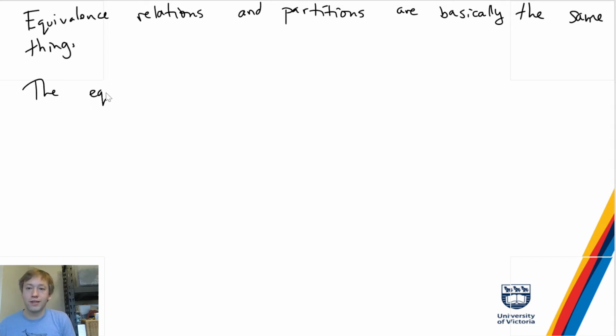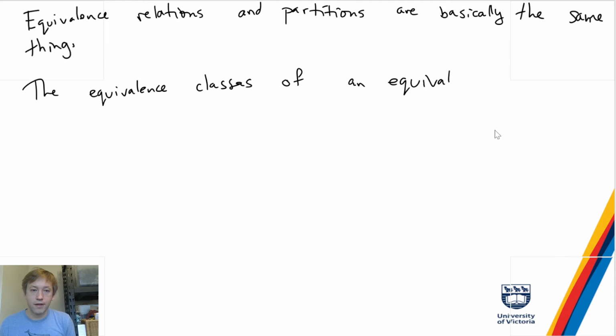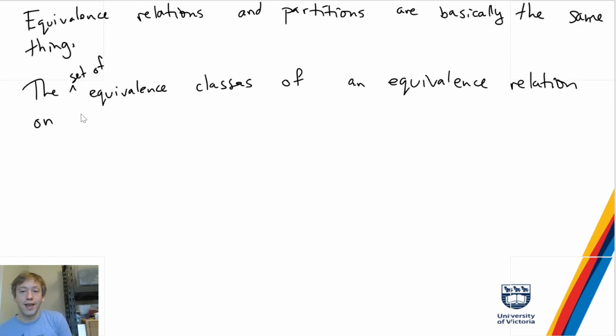So the set of equivalence classes of an equivalence relation on A is a partition of A. Let's back up here.